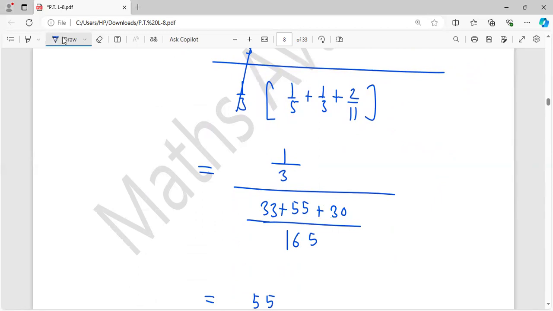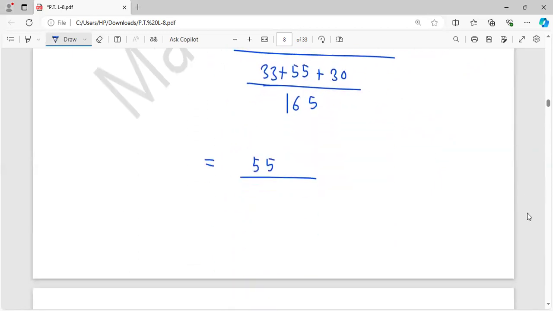So after solving it, you will get 55 upon 118. Okay, 118.